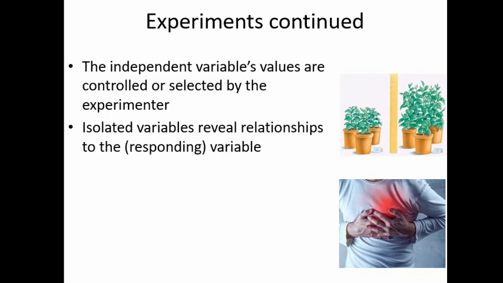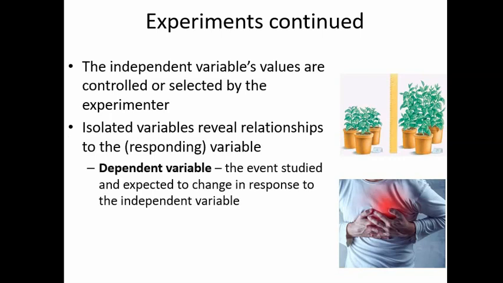The dependent variable is the event studied and expected to change as a result or in response to the independent variable. Independent means standing on your own. The dependent means it relies on or depends on the different kinds of independent variables. So those are the things the scientists try to observe.